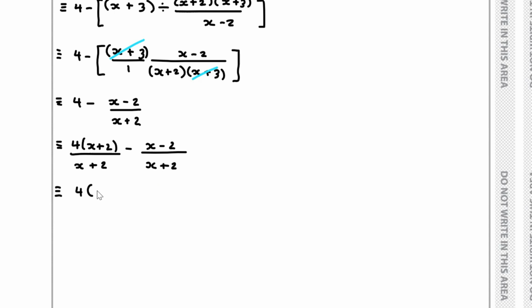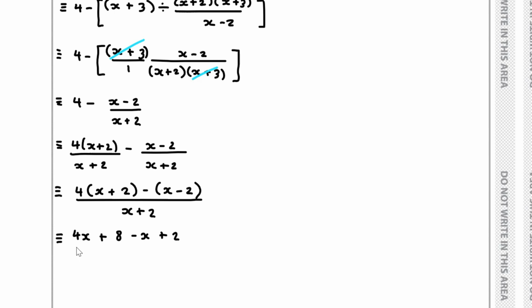So we've got 4 lots of x plus 2 minus, now here be careful, we've got minus (x minus 2). And then here on the bottom we've got x plus 2. So if I expand and simplify, we've got 4x plus 8 minus x plus 2, and on the bottom we've got x plus 2.